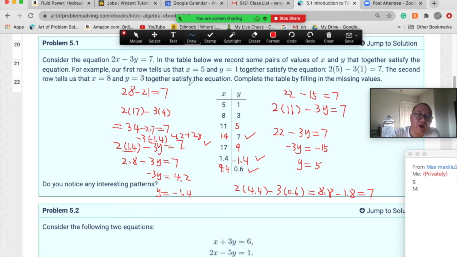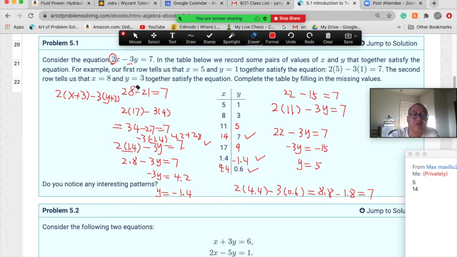It's just because of this coefficient. If you can see here, every time when x plus 3, we can see in this equation, when x plus 3, minus y plus 2.